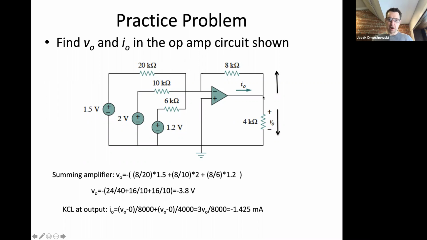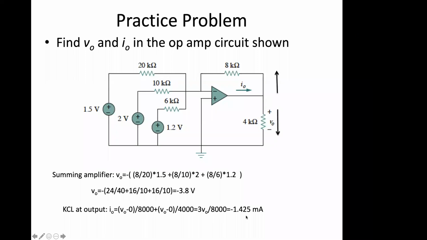So now back to this problem. I naught is just the sum of this current, which is equal to V naught over 8 kiloohms, plus this current, which is V naught over 4 kiloohms. Just a quick question.